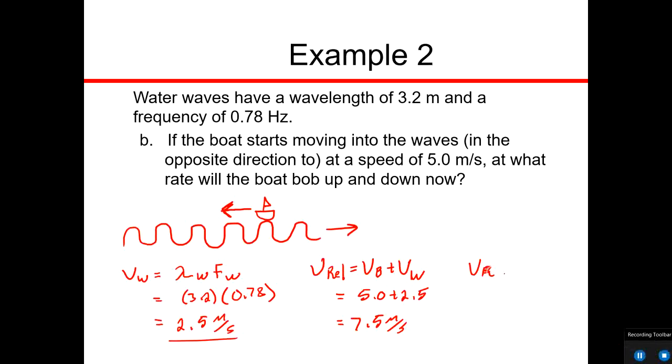So the relative velocity is just going to be equal to, again, the wavelength times the frequency. The wavelength isn't changing. Even though the relative velocity is different, the wavelength is still the same for the water.